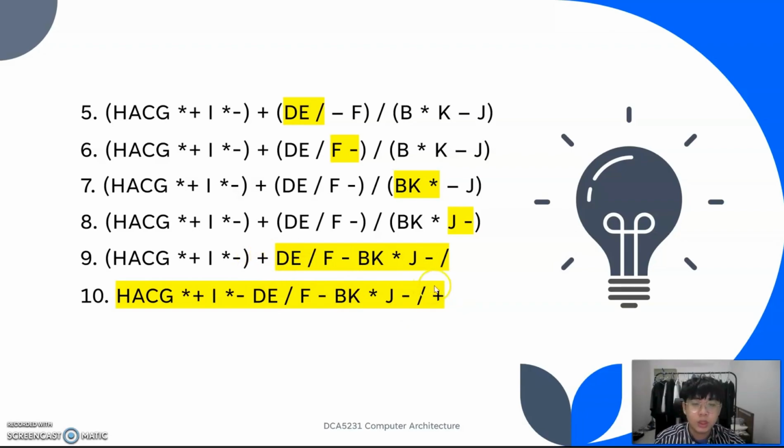The plus will be lastly. So in this case, we can know the postfix notation is to put the operator behind the operands.